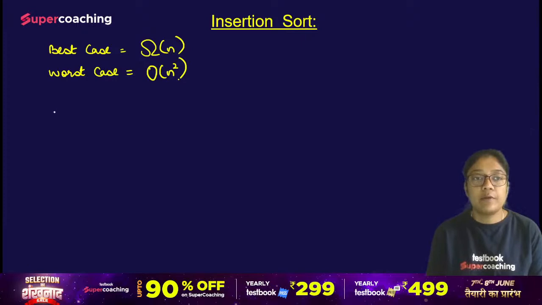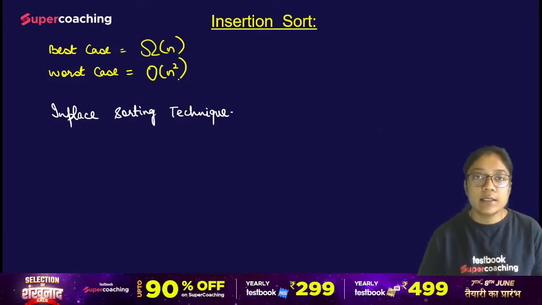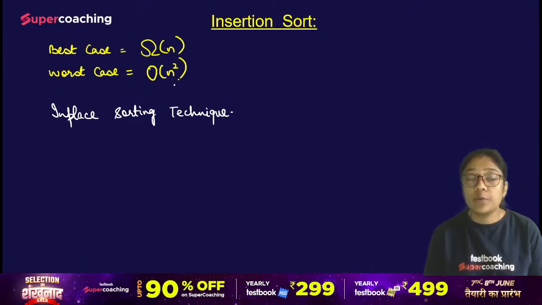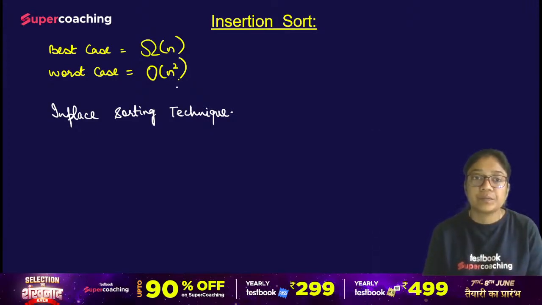What about adaptive? Insertion sort is an in-place sorting technique. What about adaptive? Is it considering the pre-sortedness of the elements into the consideration? Is it impacting the time complexities in the best case and the worst case? कोई impact आ रहा है?